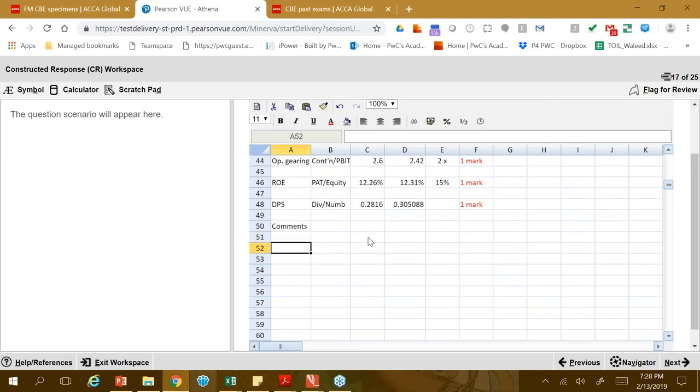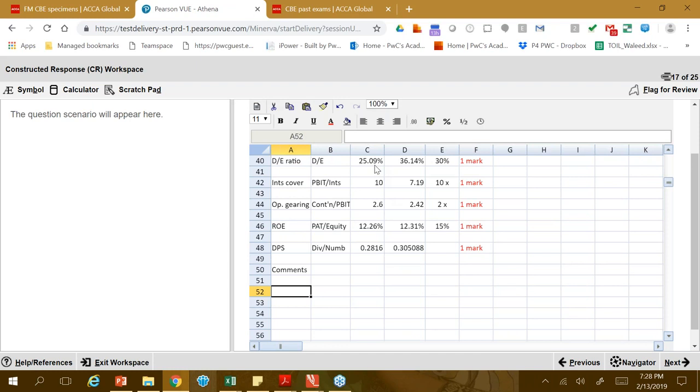We have to talk about these numbers. So what is happening to gearing? Current going up more than average. So what we'll say here is the financial risk is getting higher as gearing is getting higher and interest cover is worsening.